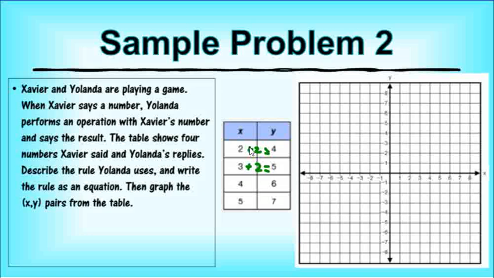So that's how I know that it's not times 2. It has to be plus 2, because 4 plus 2 gives me 6, and 5 plus 2 gives me 7. So the rule that Yolanda uses is you add 2. So you add 2 to the inputs.